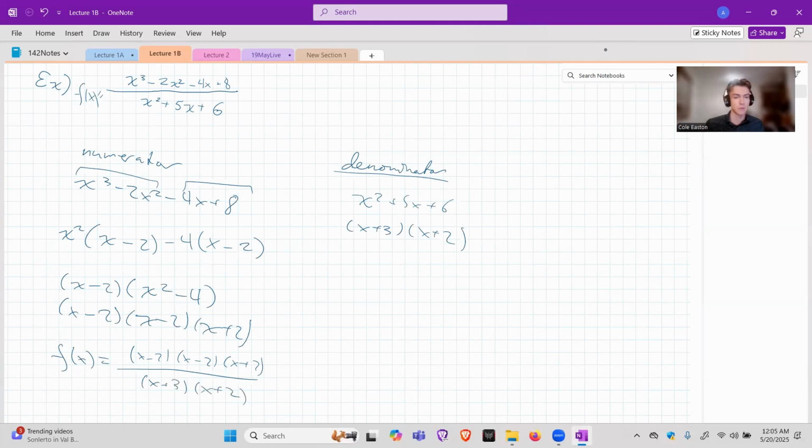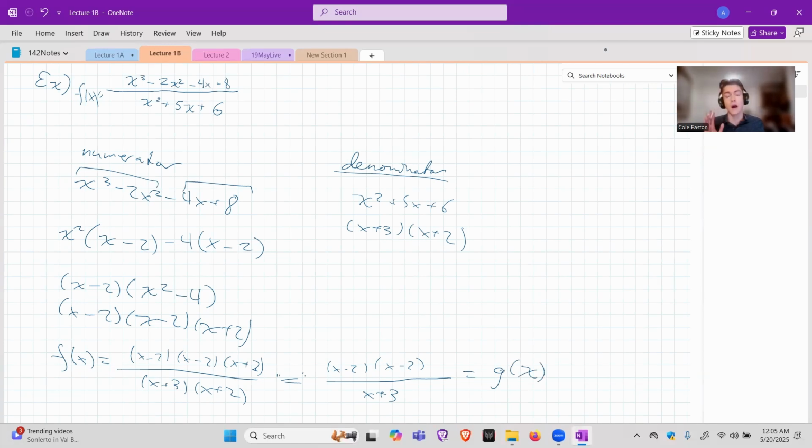And notice that we have an x plus 2 in the numerator and denominator. So we could cancel those out, sort of. And so we're going to say that it equals, and I'm putting that in quotes, x minus 2, x minus 2 over x plus 3. And we're going to call this thing on the right g of x. So in theory, these should be the same.